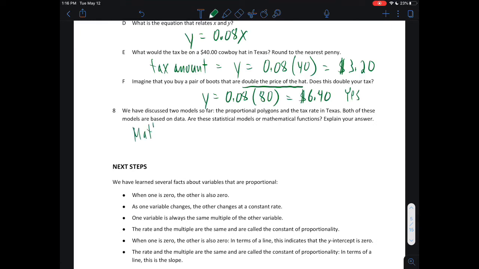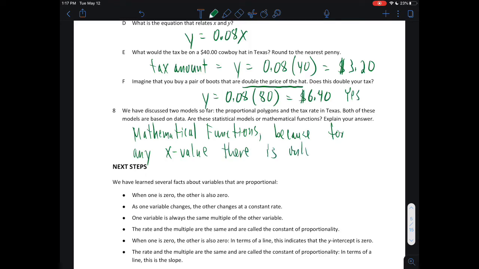So these are mathematical functions. And the reason why is because for any x value, there's only one y value.